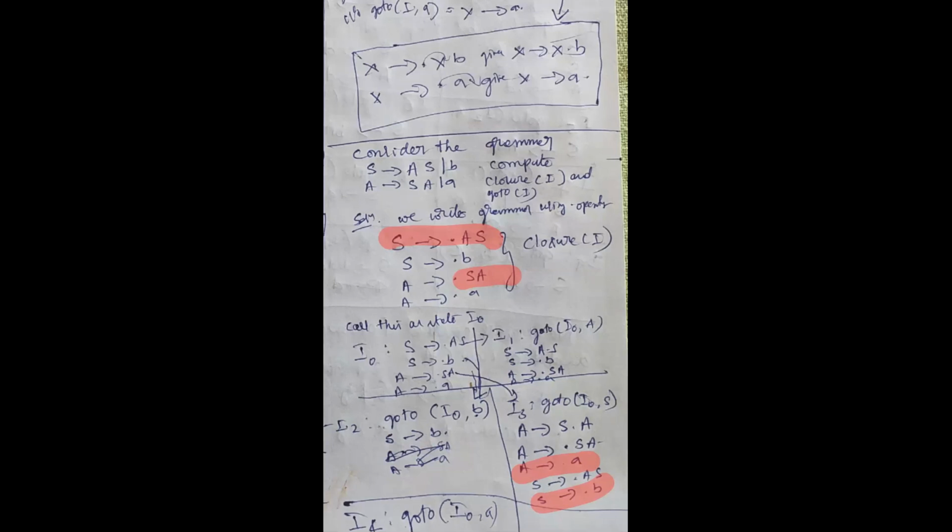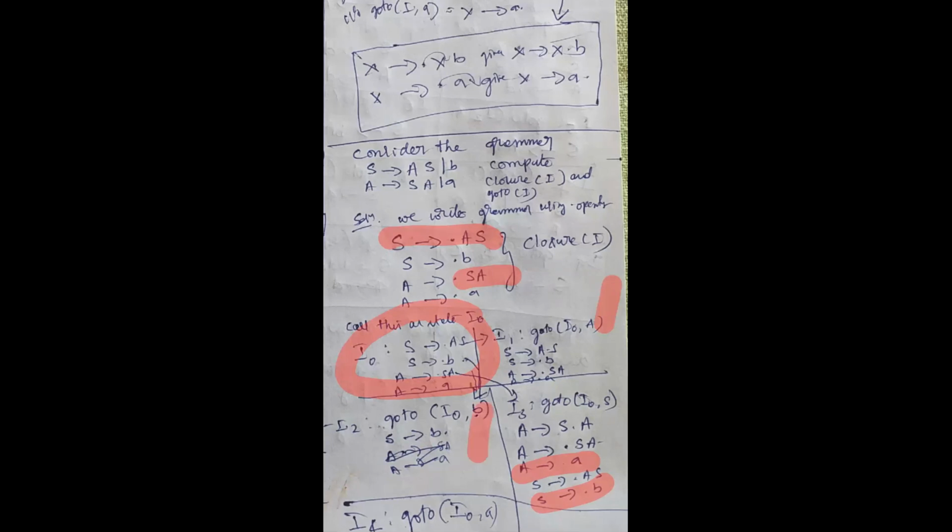Next come to I naught. From here only we are taking. From I naught, whatever we take is the starting symbol. We are just moving the dot, either it may be dot AS or A dot S or S dot A, because S will be the starting symbol. A will be the first symbol, B will be the terminal symbol.